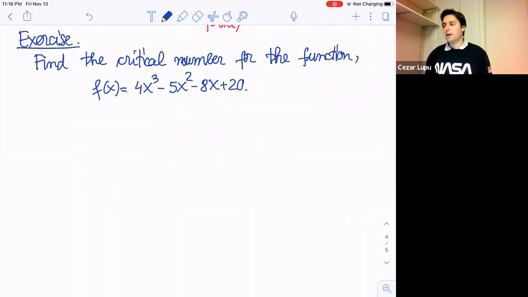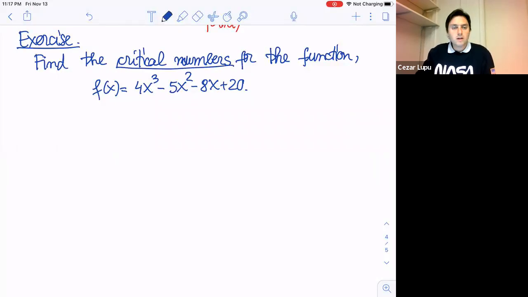So we would like to find the critical numbers, right, for this function.